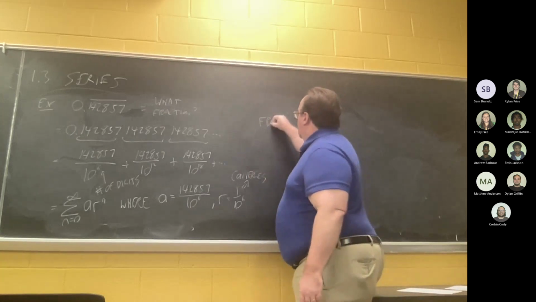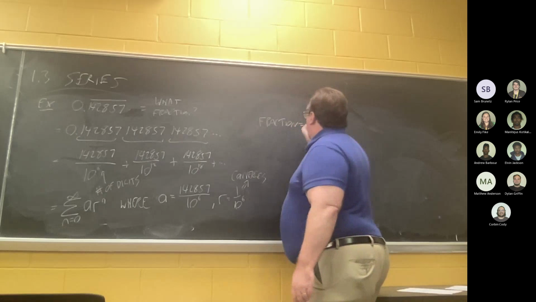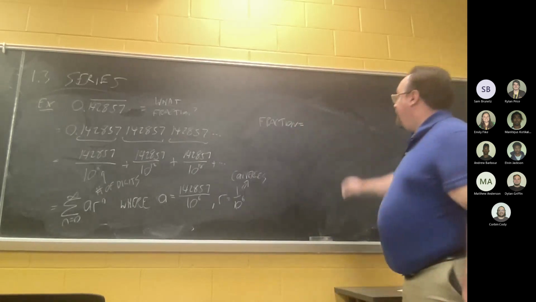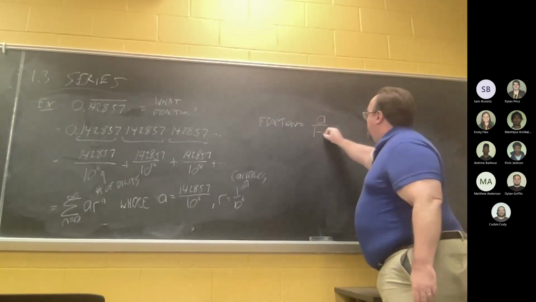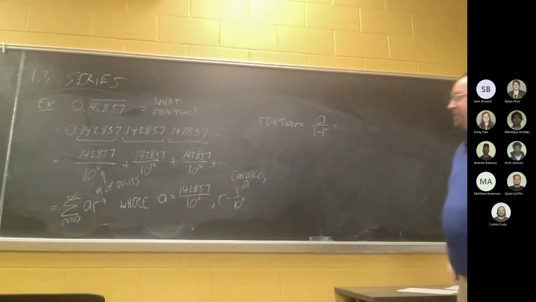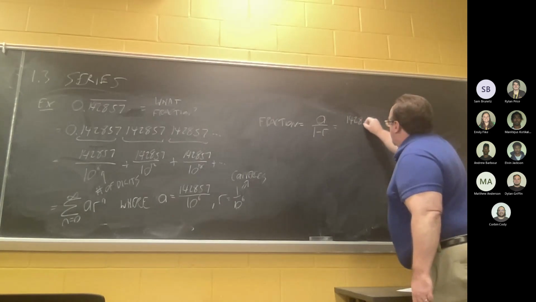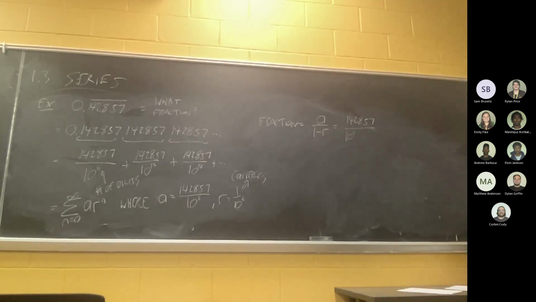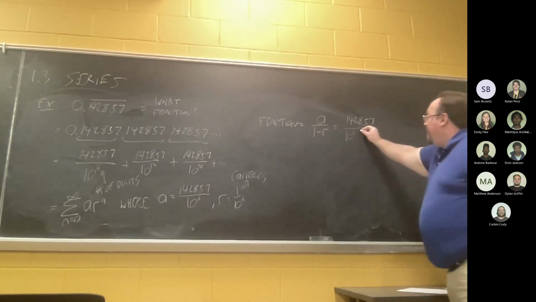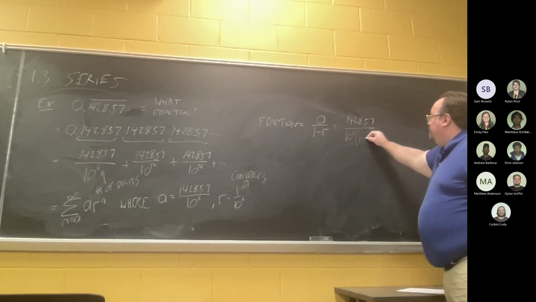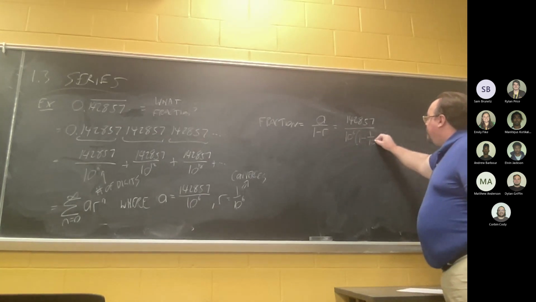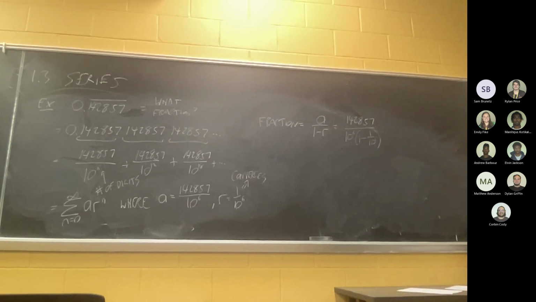So what is the fraction? We use the formula A over 1 minus R, and let's see what that turns out to be in this case. So I fill in the value of A, and then I'm dividing by 1 minus R, that's 1 minus 1/10 to the 6. But now I'm going to simplify.